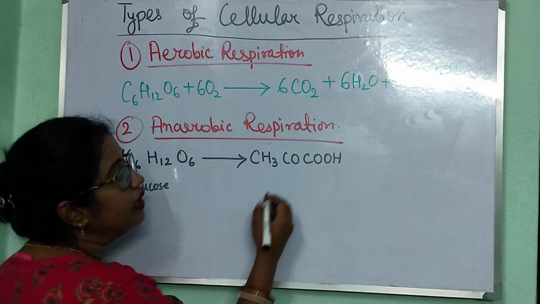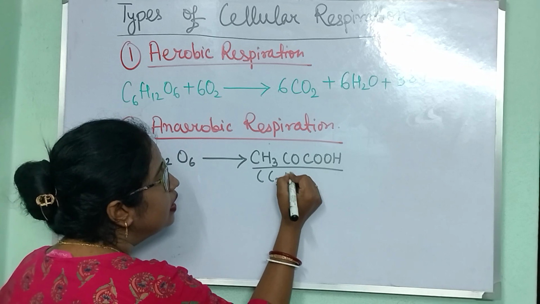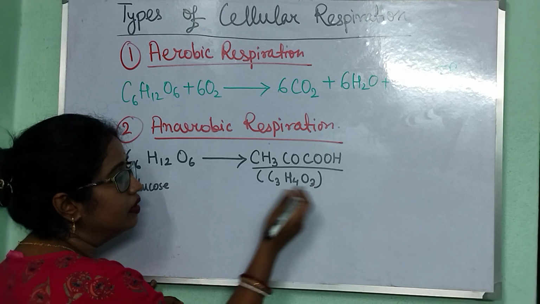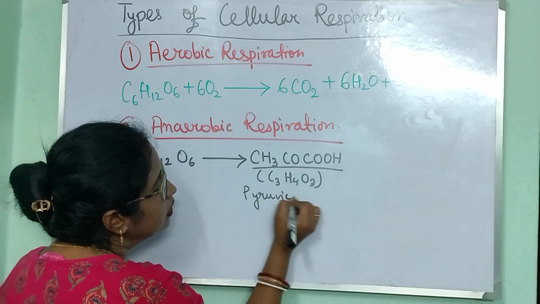We can also write it in this form, C3H4O3. So this one is pyruvic acid.